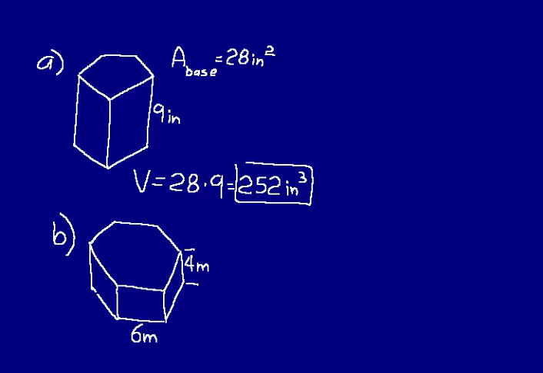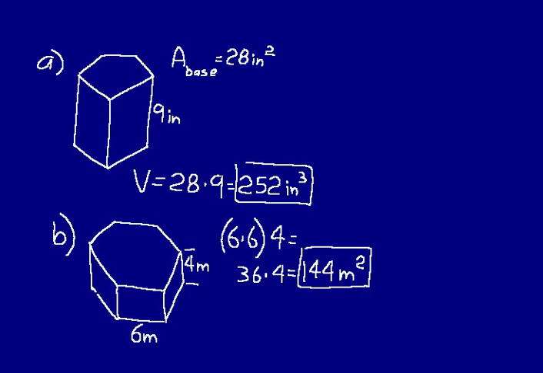Lateral surface area is perimeter times the height. For the perimeter, since each side is 6 meters long and there are 6 sides, we just do 6 times 6. Multiply that by the height of 4 meters, so we'll have 36 times 4, and that's going to equal 144 meters squared.